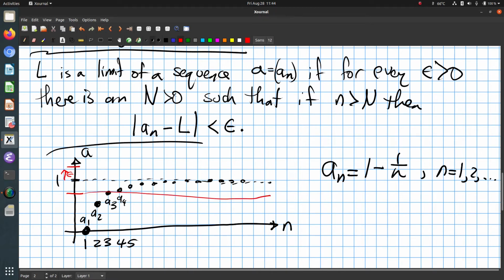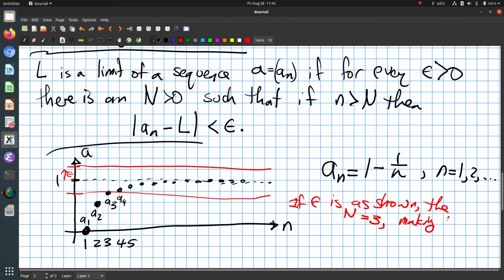If I do that and trace out these lines, you will notice that all the terms after A3, so if epsilon is as shown, the n is 3. Because all terms whose index is greater than 3 will be within that epsilon width band around 1, making L equal to 1.